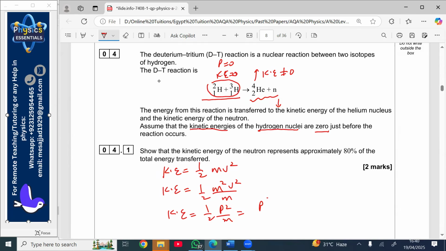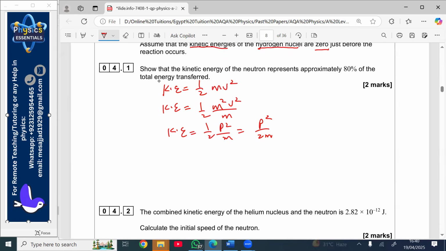So that will turn into p square by 2m. Now, here is a point of understanding. You can see in this interaction that the momentum is conserved because both are moving in opposite directions. So you will just write constant over 2m. All right. So from here, I'm going to understand that the kinetic energy is inversely proportional to mass.